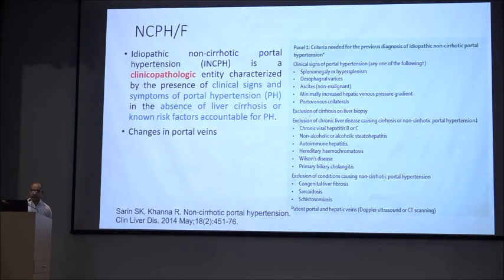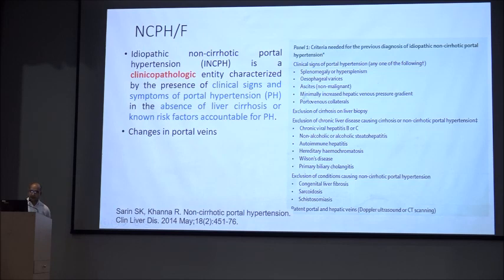Now coming to the entity which is NCPH or NCPF, it is a clinico-pathological entity which should have, number 1, the clinical signs and symptoms of portal hypertension. Number 2, the absence of liver cirrhosis or known risk factor accountable for the portal hypertension. And the liver biopsy will show the changes in the portal vein, preferably the obliterative portal venopathy with or without fibrosis.